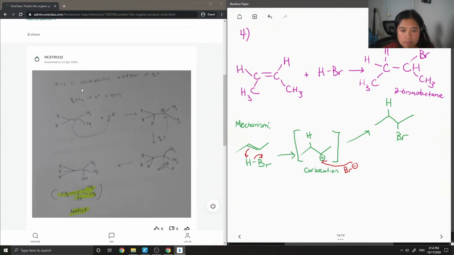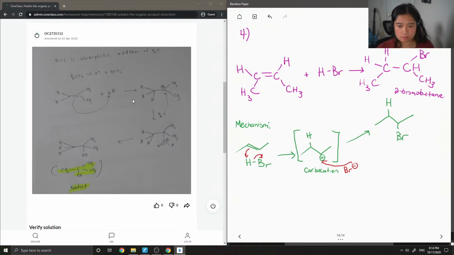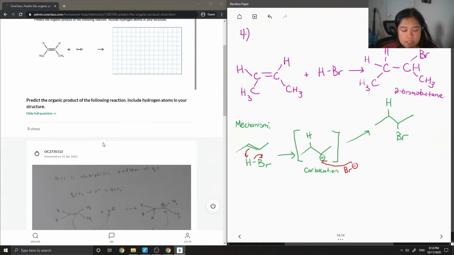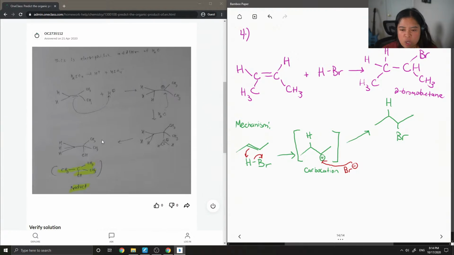Okay, so this is the electrophilic addition of H2O. So it looks like a different reaction than the one that's given, but the mechanism is similar.